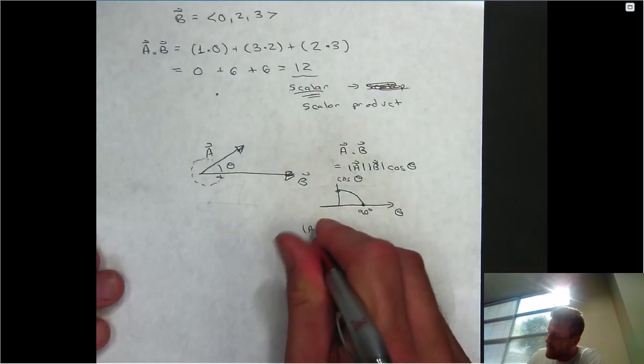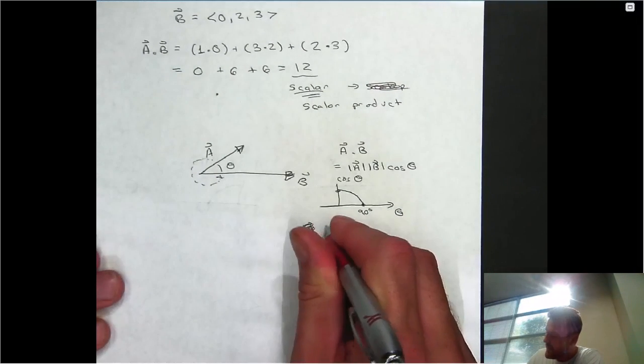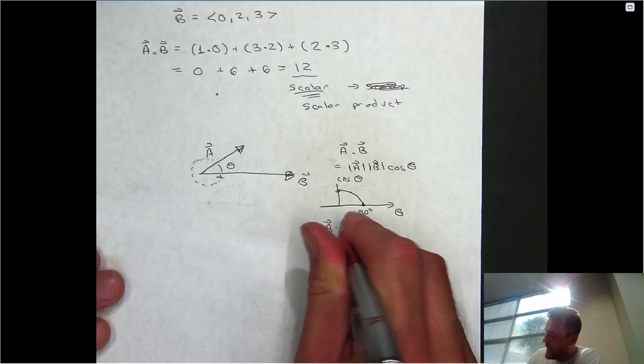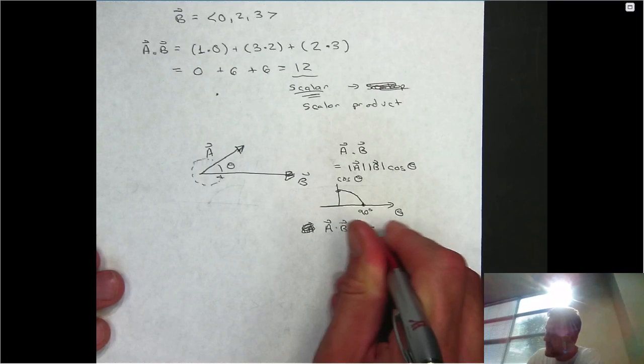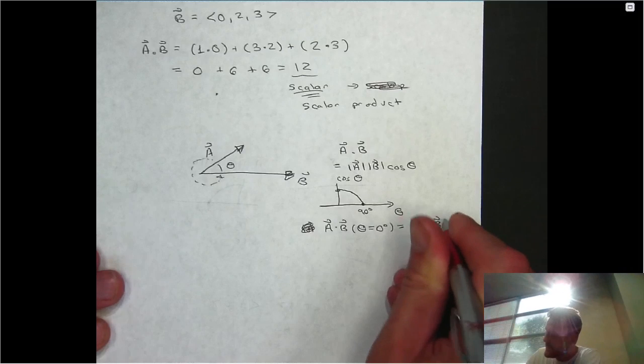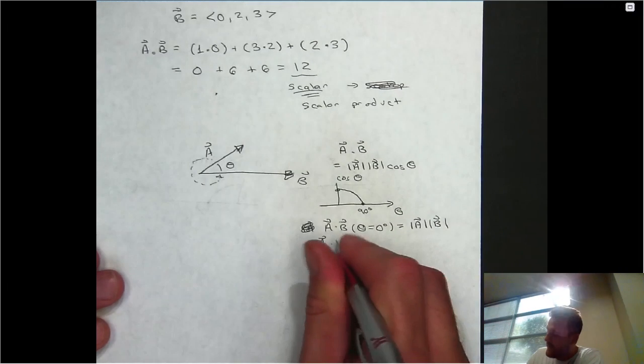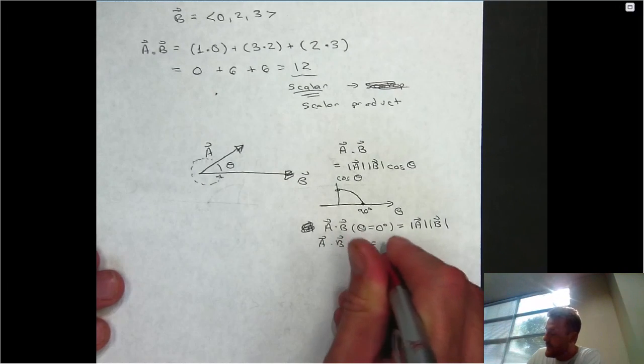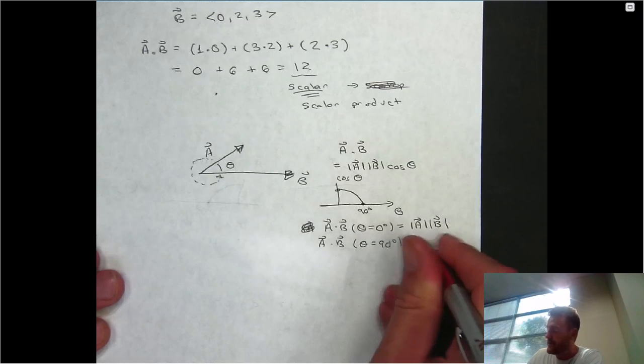So if I write an expression for the dot product of A and B and look at the case when theta is 0 degrees, it's just the product of the two magnitudes. Similarly, for the case when theta is 90 degrees, it's just going to be 0.